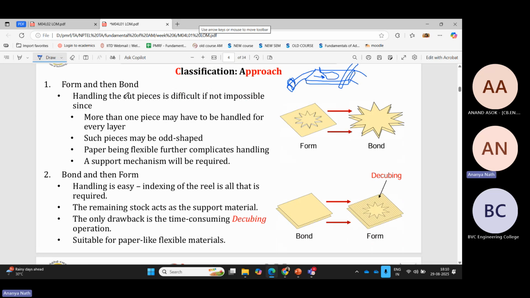So that is what was discussed. Here, form and then bond means first the knife is cutting the part in the selected region, and then the pressing roller, or joining like welding, takes place by which you are joining the two sheets.